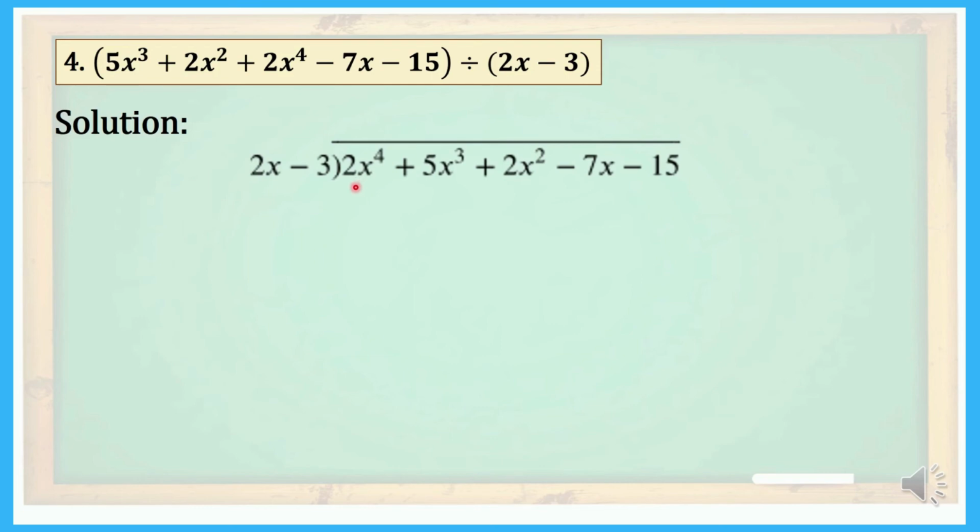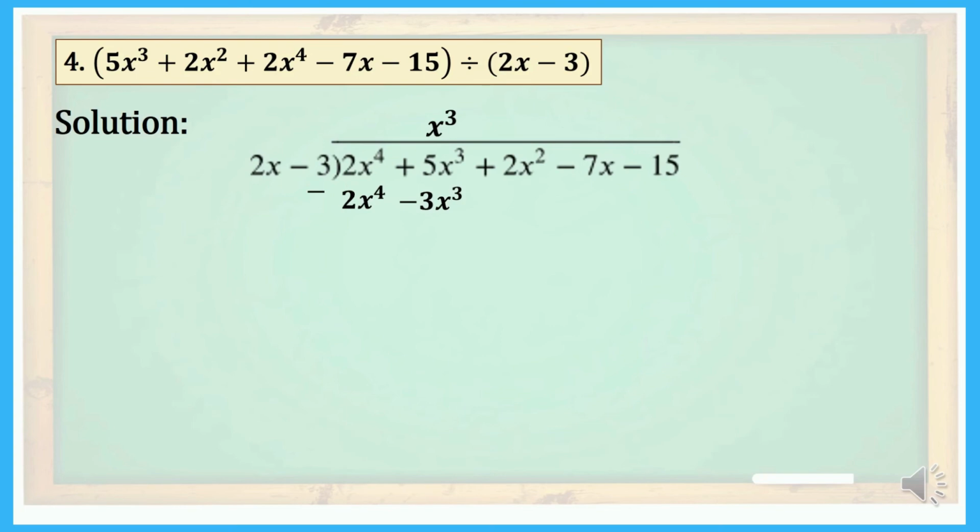To start with, divide the first term of our dividend by the first term of our divisor. So 2x to the fourth power divided by 2x is x cubed. Then x cubed times the divisor: x cubed times 2x is 2x to the fourth power, and x cubed times negative 3 is negative 3x cubed.